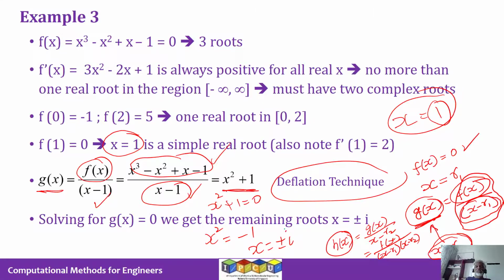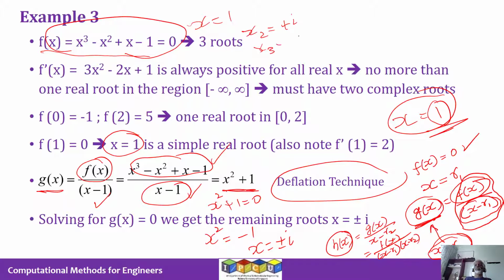So this particular function f of x has three roots. One root is at x is equal to 1. The other two roots are at x is equal to plus i and x is equal to minus i, where i is the square root of minus 1, because i squared is minus 1.